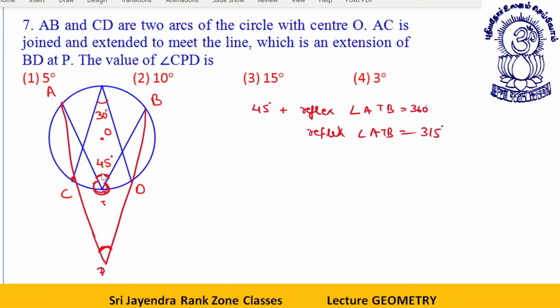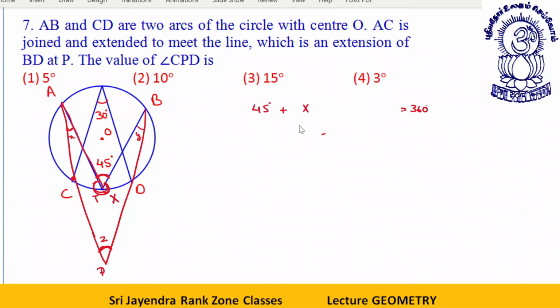Now the thing is, let me make things easy for you. Let's say this angle is capital X. 45 degree plus X is equal to 360 degree. Also let's say this is small x, this is small y, this is small z. Let's say ATBP is a quadrilateral.